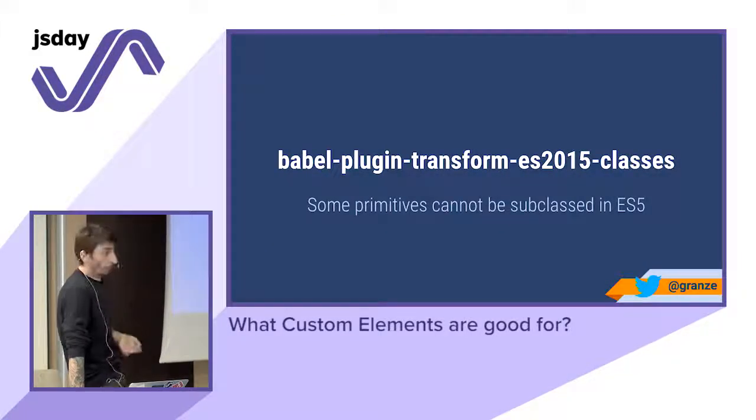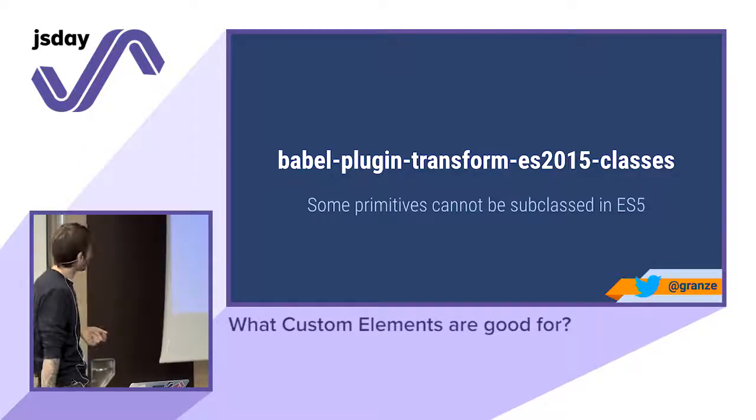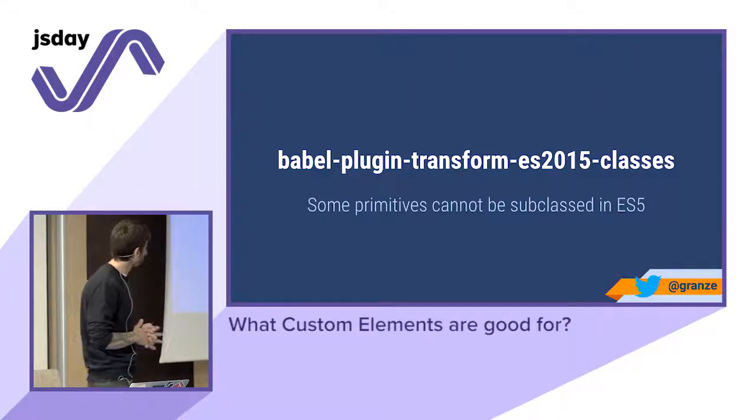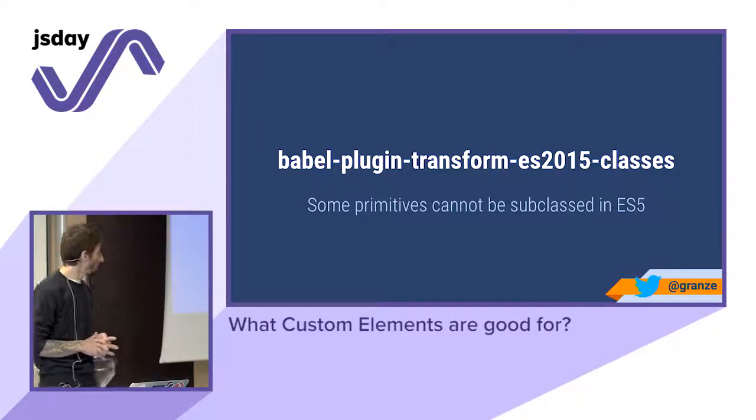This is a lifesaver because since ECMAScript 6 is not implemented in all browsers, we have to transpile our component, and the problem is that some primitives of the classes are not implemented in ES5, so the transpilation will actually break your element.